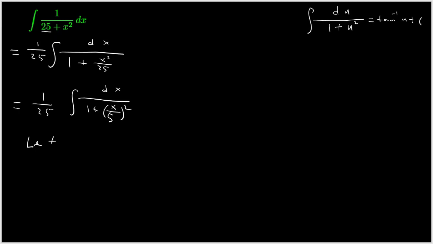We have a handy formula for computing the integral. At this point, you want to set u to be x over 5. You see the integral becomes 1 plus u squared on the denominator, so that you can use this formula. And then we follow the routine.